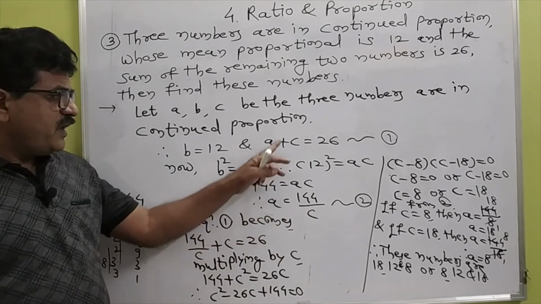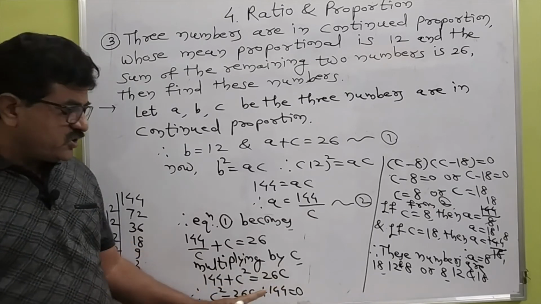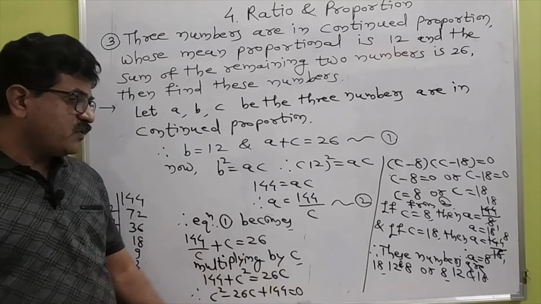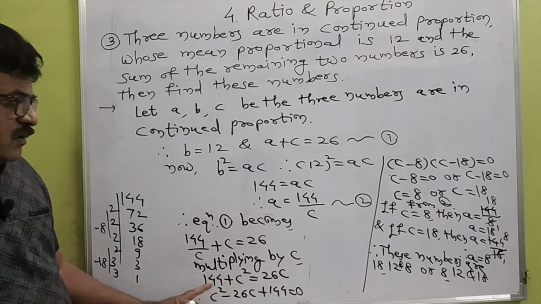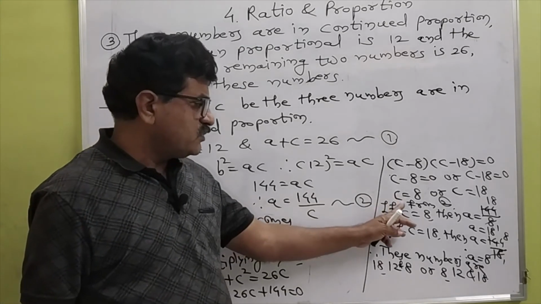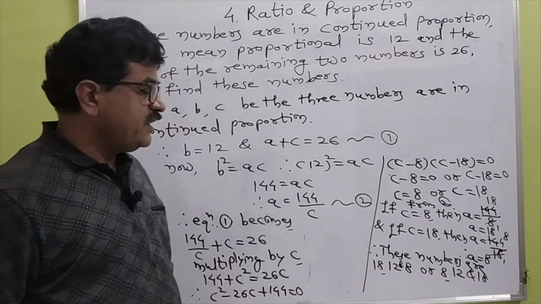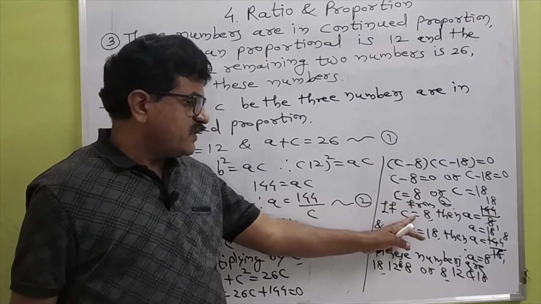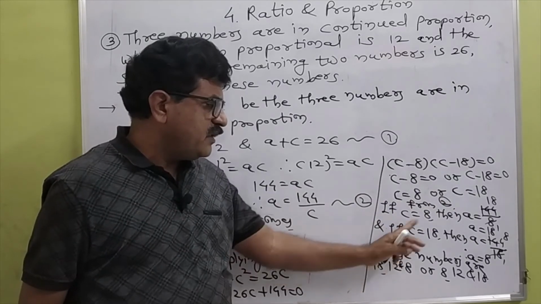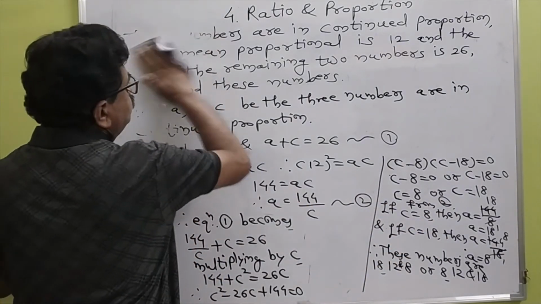Put this value of A in equation 1, then we get the quadratic equation C square minus 26C plus 144 equal to 0. Factorize this quadratic equation, we get values of C: C is equal to 8, C is equal to 18. Now if C is equal to 8, then A is equal to 18, and if C is equal to 18, then A is equal to 8. We get the answer.